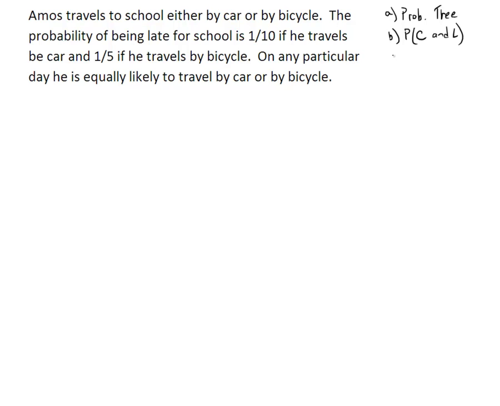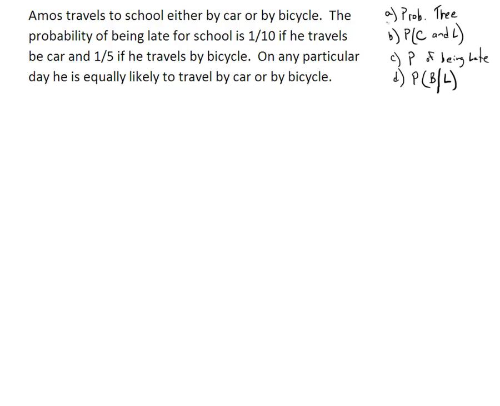And then we're going to find the probability of being late. Finally, we're going to find the probability of riding the bike given that, and so this will be new, he was already late. So we know he's late. What was the probability that he had the bike?